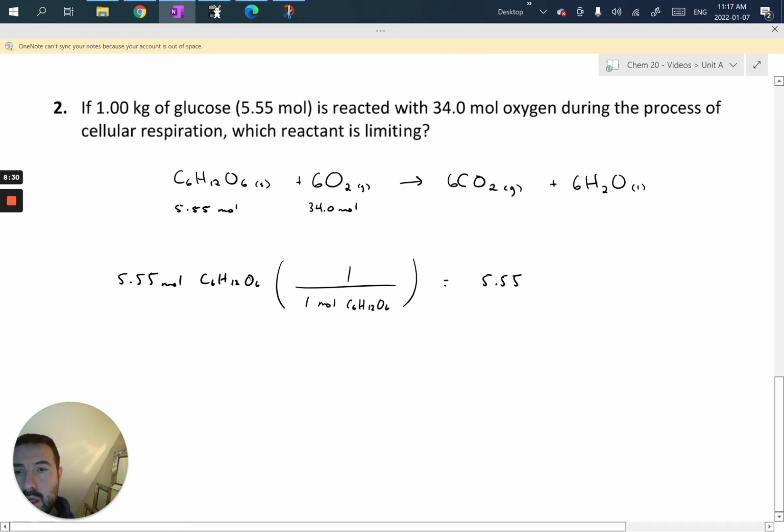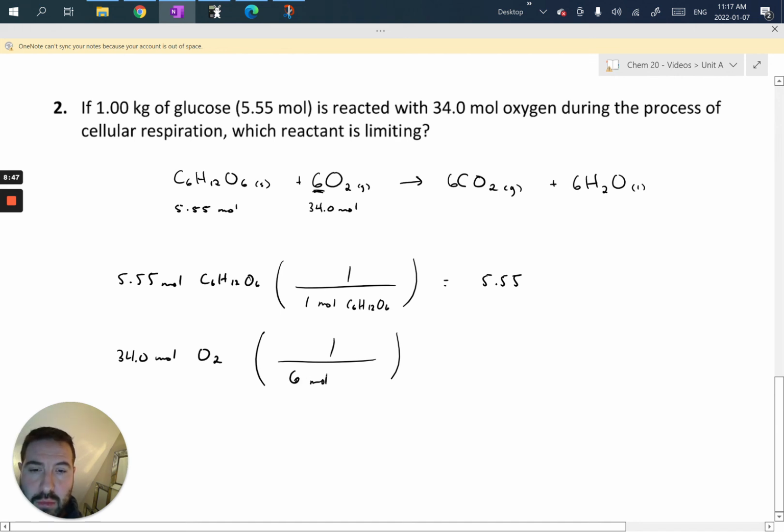And my oxygen, so I have 34.0 moles of oxygen, and I'm going to divide that by my coefficient from my chemical equation. So I have a 6 here.